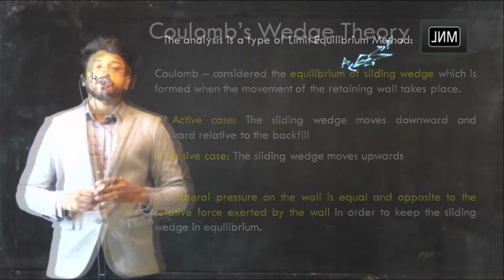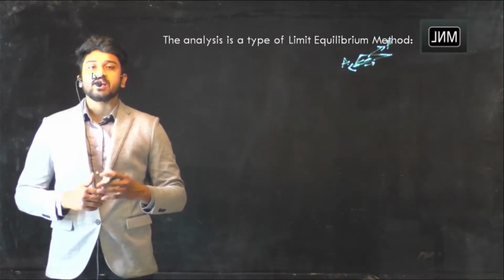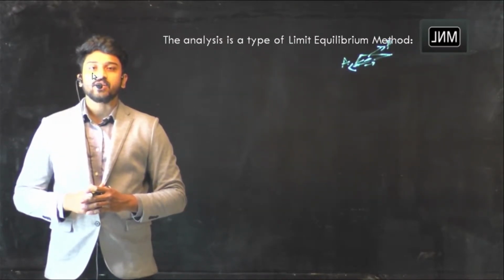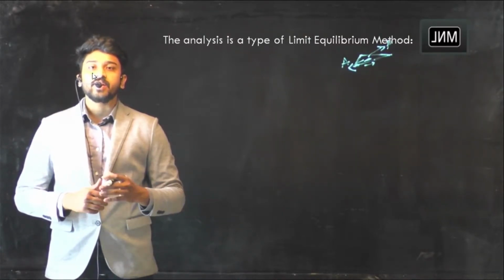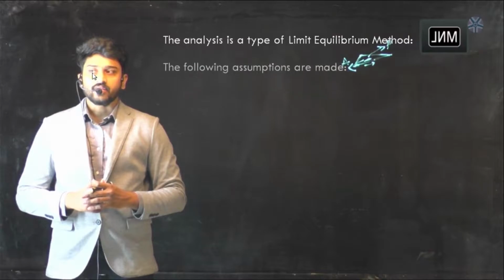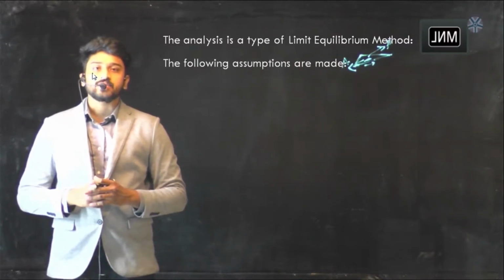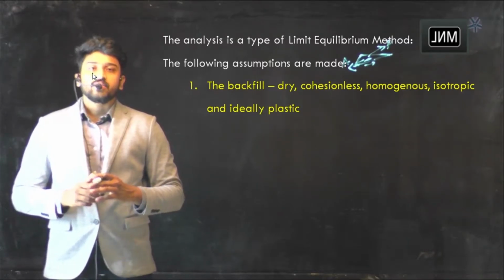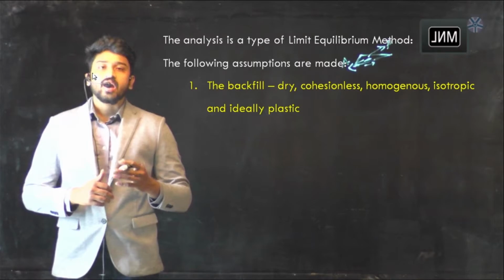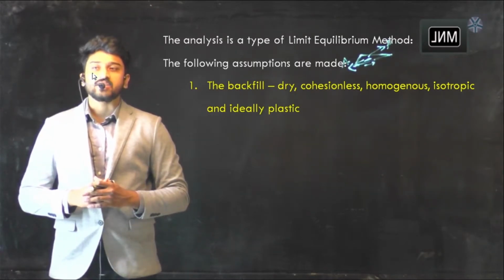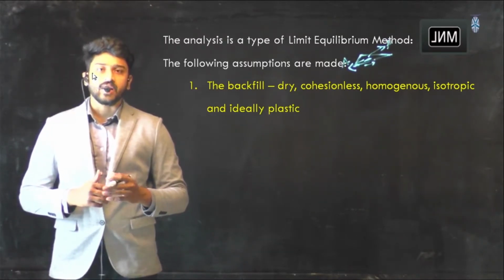Now let us consider the analysis of such wedge failure, which is carried out using the limit equilibrium method. For this, the following assumptions have been made. The first is that the backfill is generally dry and cohesionless, and is considered homogeneous, isotropic and ideally plastic.